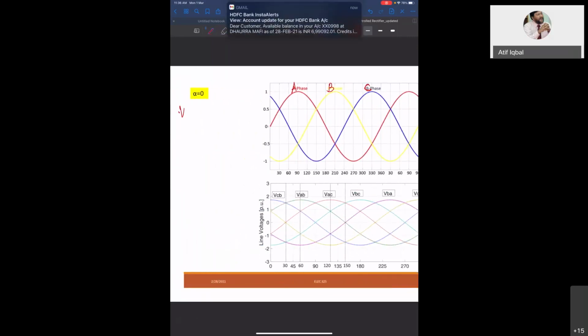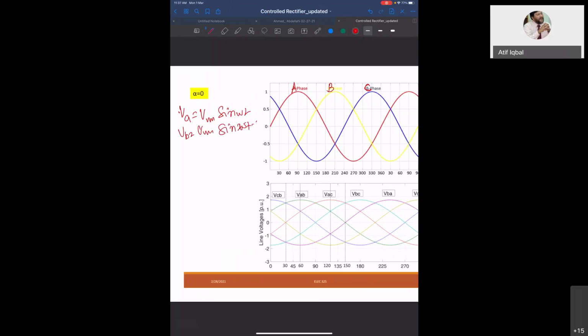VA is equal to VM sine omega t. VB is equal to VM sine of omega t minus 2 pi by 3, and VC is equal to VM sine of omega t plus 2 pi by 3. These are my phase voltages.